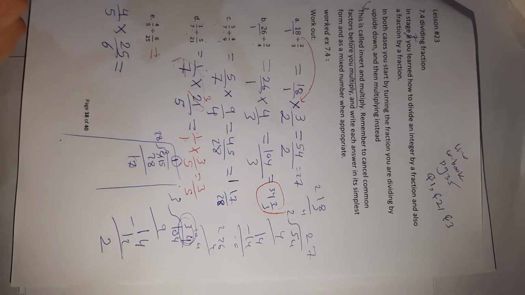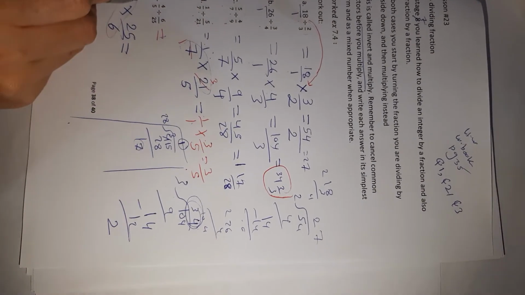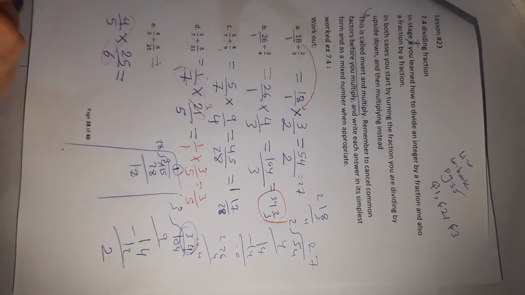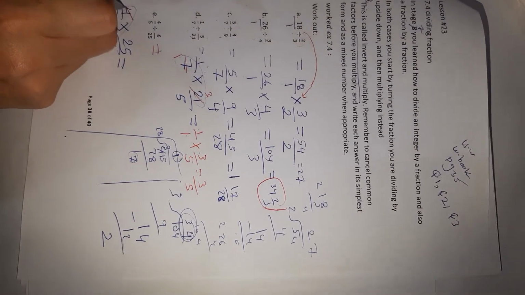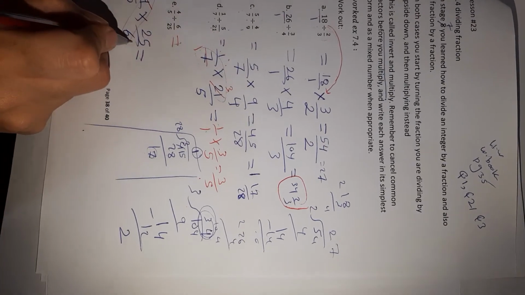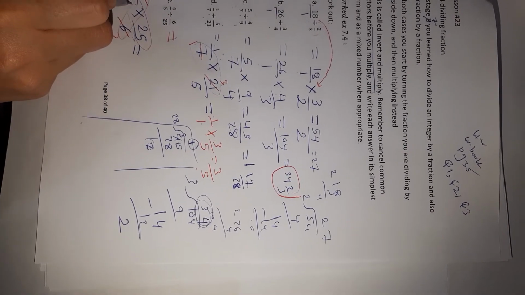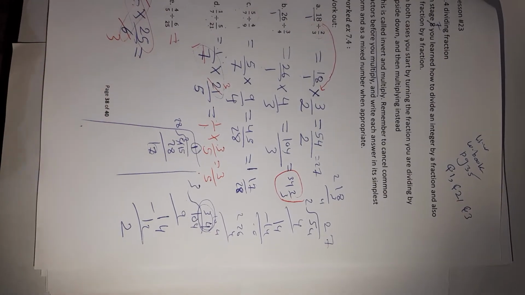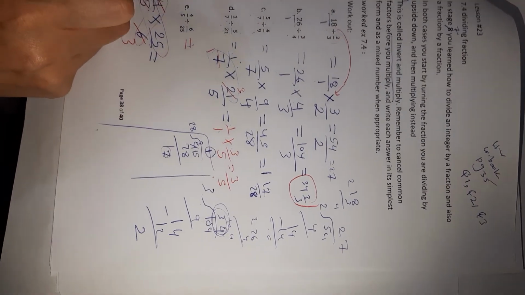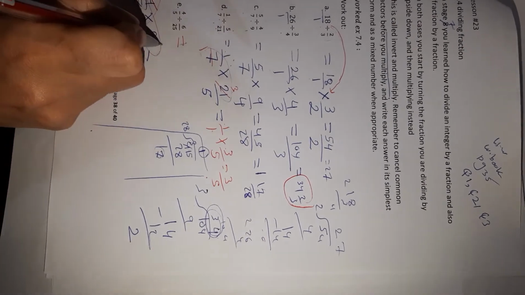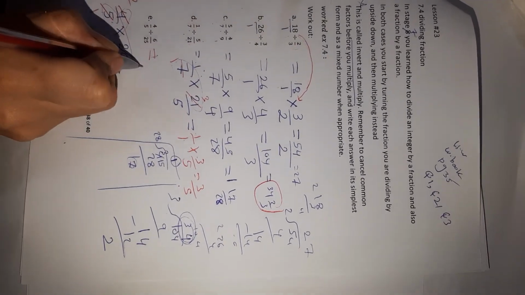Here we have 4 and 6. Between them, 2 is a common factor. 4 divided by 2 is 2. 6 divided by 2 is 3. 5 and 25 also: the common factor between 5 and 25 is 5. 5 divided by 5 is 1. 25 divided by 5 is 5.